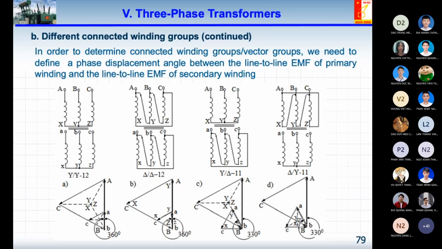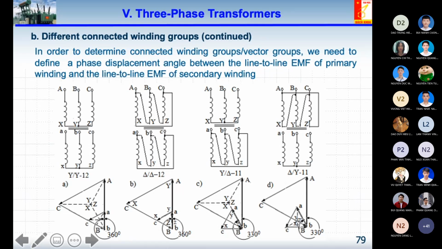It means that you have to build the vector group, defining the line-to-line electromagnetic force of primary winding and of secondary winding. And for that we can define the number like this one.